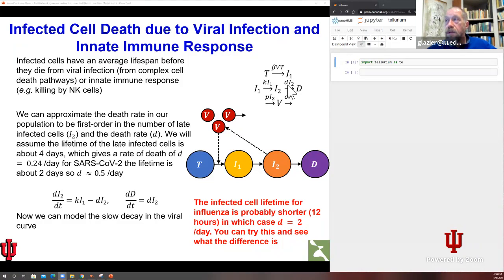And so P divided by D is equivalent to R naught in our base model. And that's actually a critical number, that P divided by D.